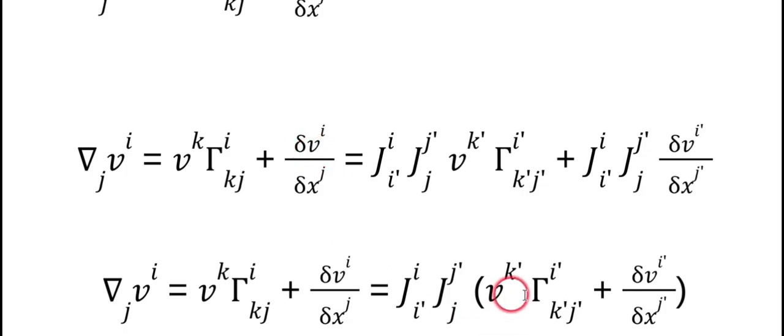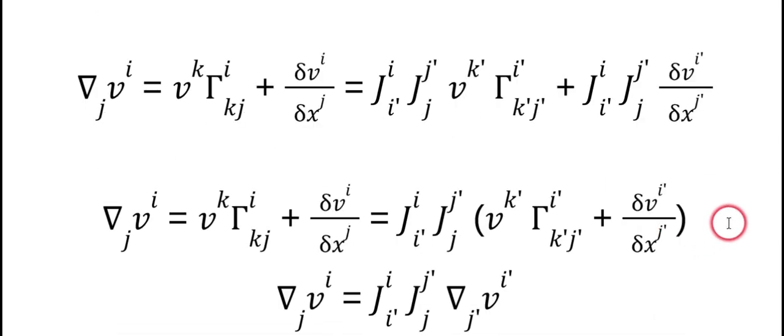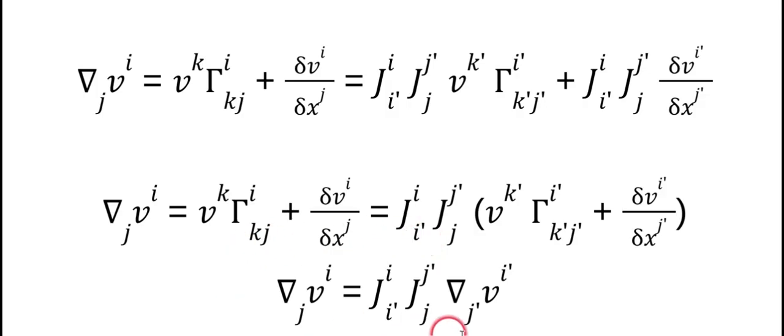It looks exactly the same, except it's primed, and it's got 2 Jacobian factors matching these 2 free indexes. So that is just the primed covariant derivative. You've got the primed covariant derivative with 2 Jacobian factors. So it transforms according to these rules, then it's a tensor. That's all it means.